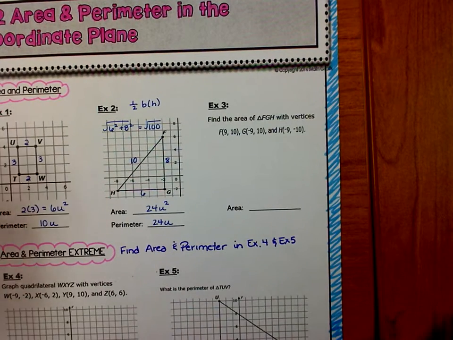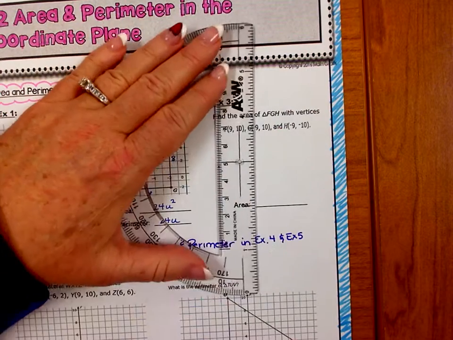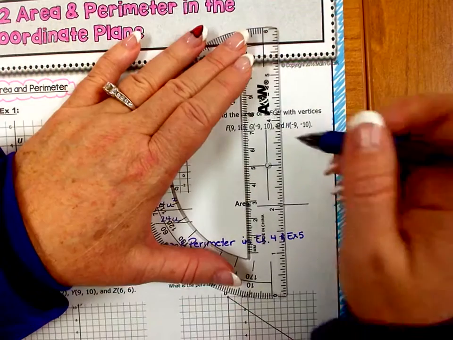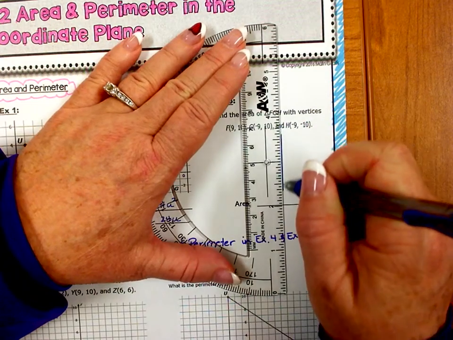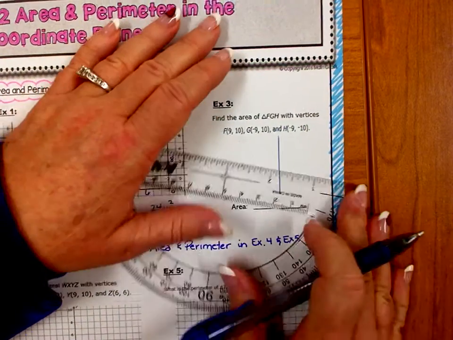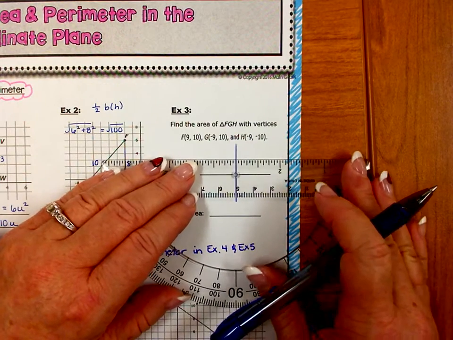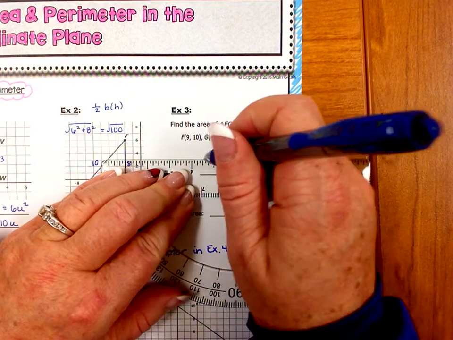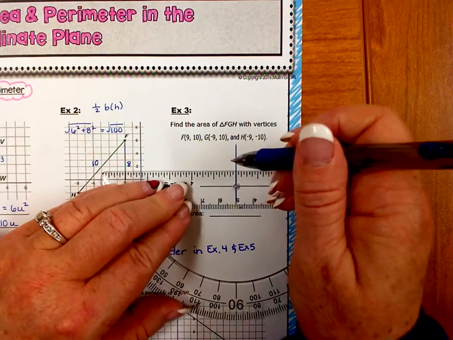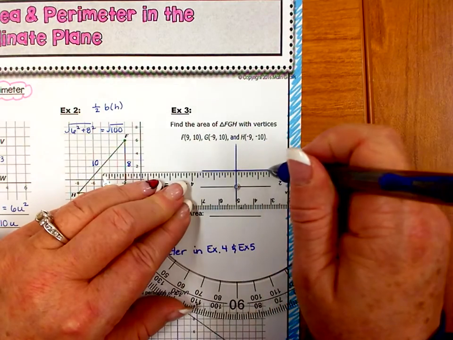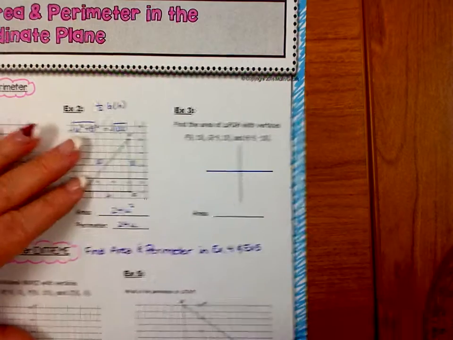All right, example 3. Example 3 would be helpful if we had a picture to look at, so let's just draw this. It's not going to be a very big picture, so we're going to have to make our units kind of small. Okay, there we go.